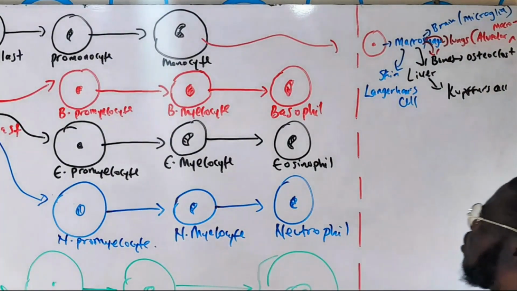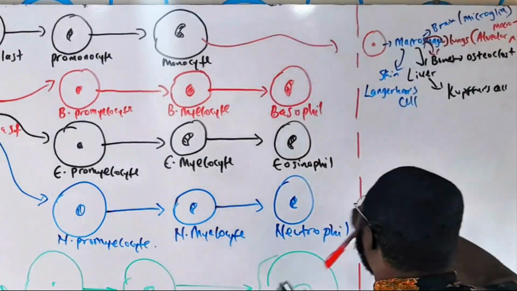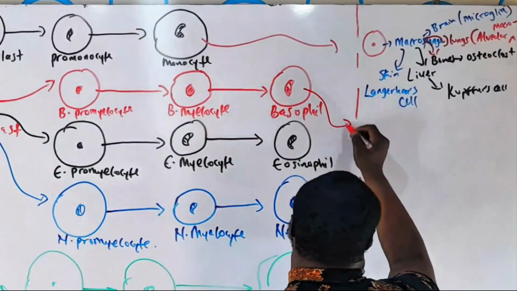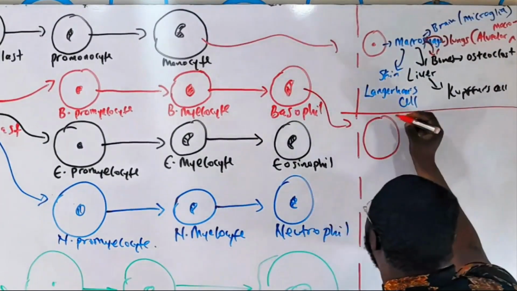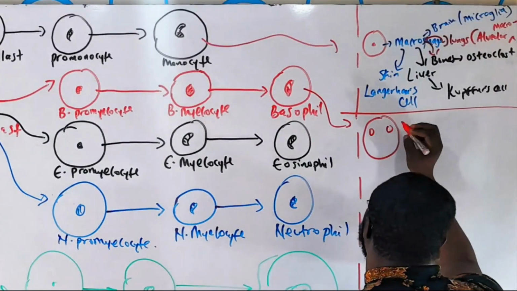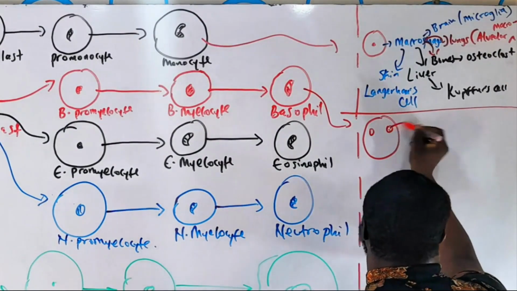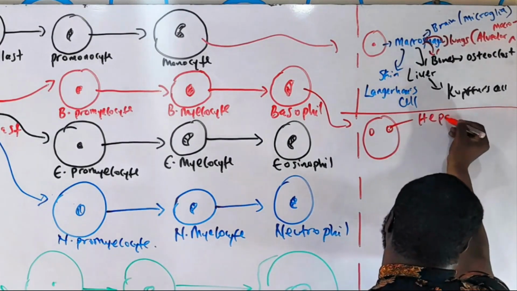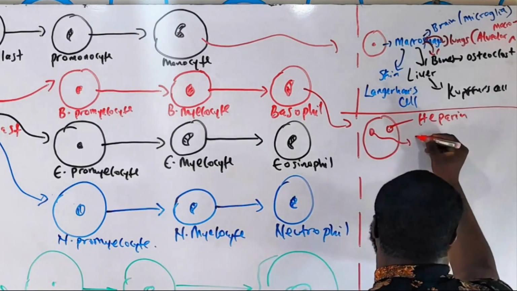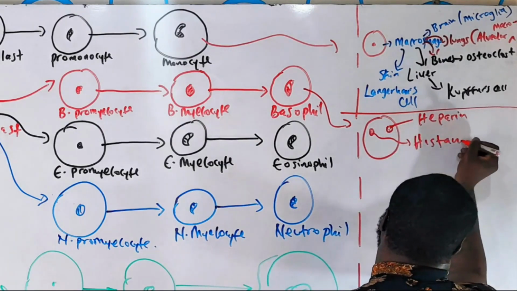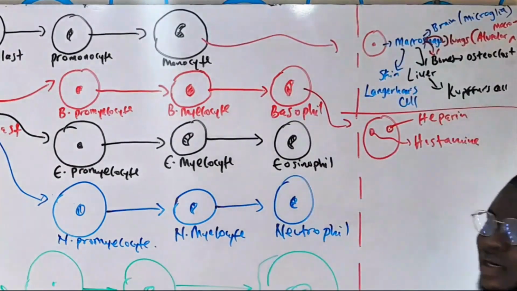Now, what next? What about this basophil? When they find themselves inside the blood, what do they do? Basophil has mainly two chemicals. It has more, actually. One is called heparin, and the other one is called histamine. So these cells can release heparin and histamine.